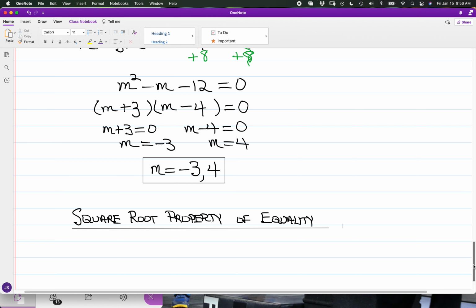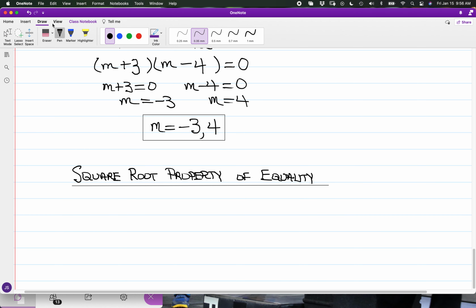Okay, and this property states that if you have the square of an expression and it is set equal to a value, like in this case, if x squared is equal to p, then we have that x is equal to plus or minus the square root of p.